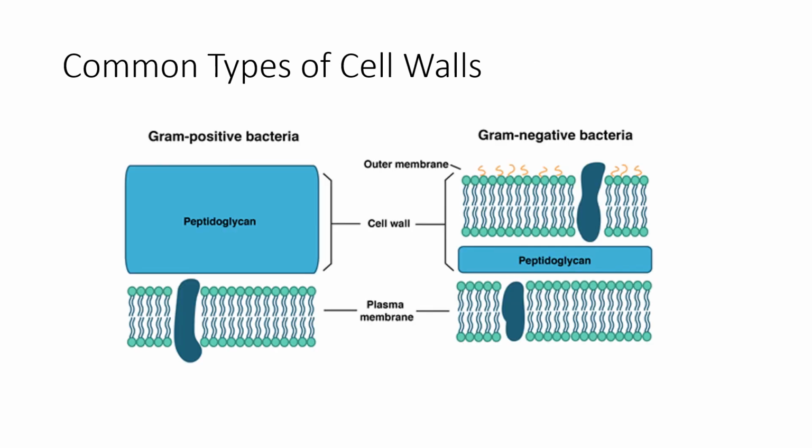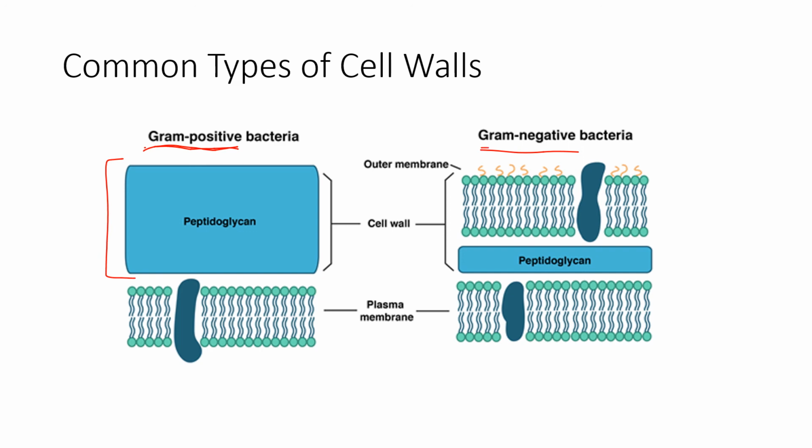The gram stain is used to identify bacterial cells by their cell wall type. And we actually refer to the cell walls as either gram-positive cell walls or gram-negative cell walls. And again, the difference is in the structure of the cell walls. In a gram-positive cell wall, there is a very, very thick layer of peptidoglycan.